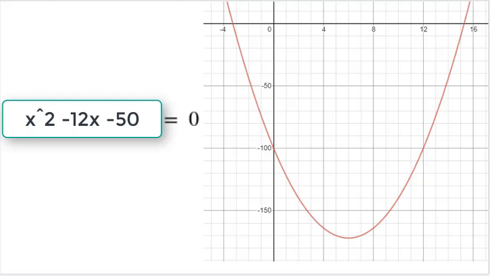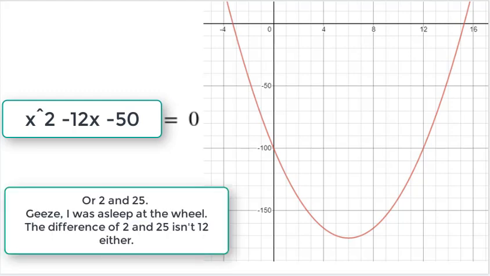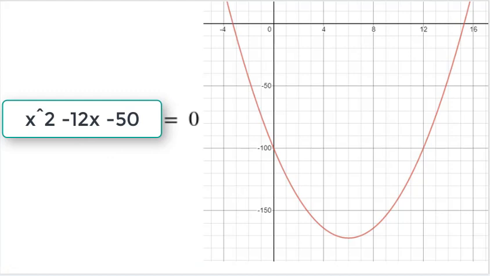There are none. The only factors of 50 are 5 and 10, or of course 1 and 50, and we have to find the difference because this is a negative number. The difference of those is never going to give you 12. Remember, we got 12x and 50 because we divided everything by 2.